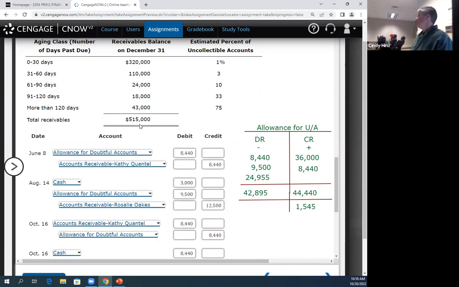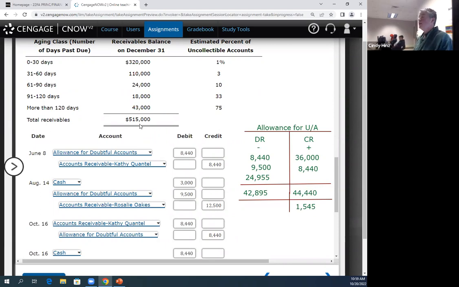So on Tuesday, we looked at an exercise that said the allowance had a debit balance of $7,600 before we did the adjustment. What must have happened there is we wrote off more than we've already reported as expense.